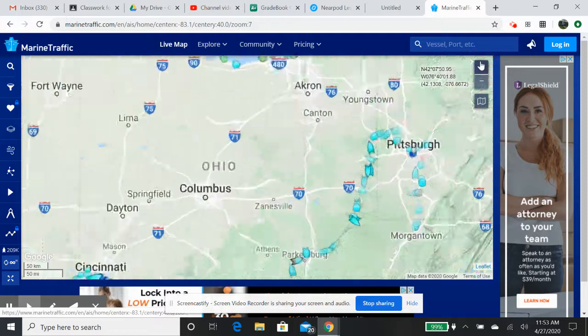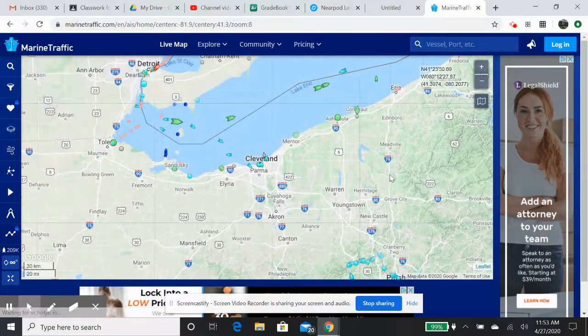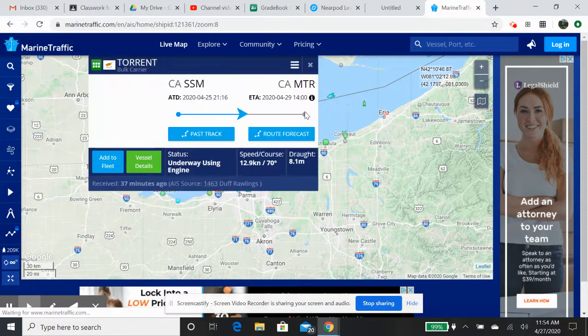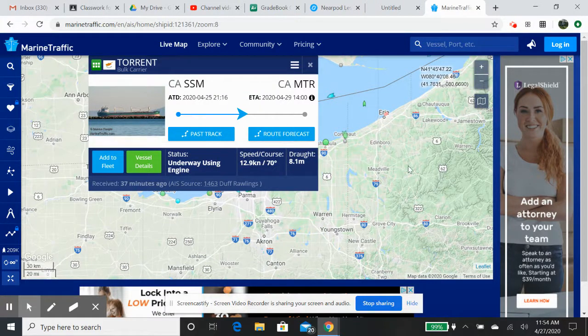You can see all the shipping that's going on Lake Erie at this moment. And again, you can click on it and it'll show a picture of what it is. It's a bulk carrier. It came from Sault Ste. Marie, and it's going to Montreal.